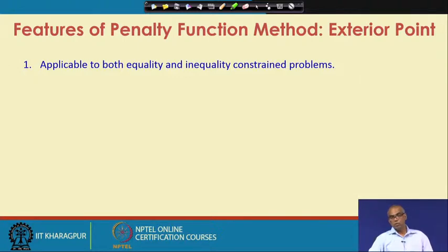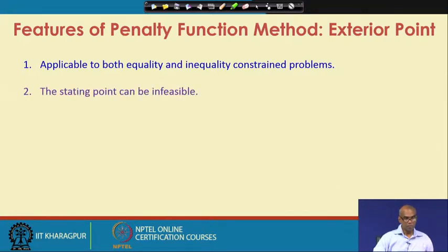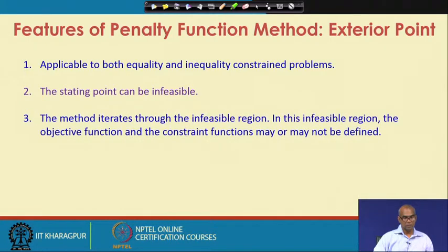Now, we have talked about two different types of penalty function methods, exterior point method and interior point method. Let us talk about some features of the exterior point method. The exterior point method is applicable to both equality and inequality constrained problems. The starting point can be infeasible. The method iterates through the infeasible region.